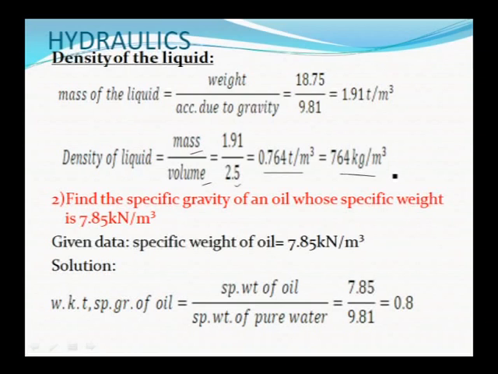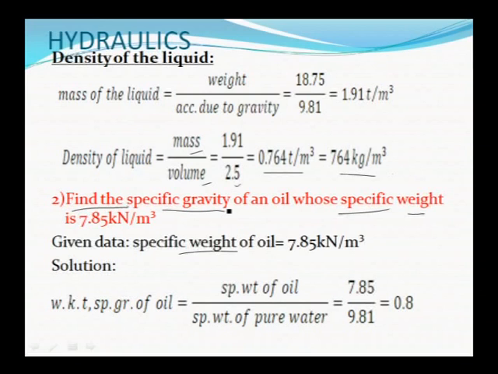Next problem: find the specific gravity of an oil whose specific weight is 7.85 kN per meter cube. Here, specific weight of oil is given and we have to determine the specific gravity.